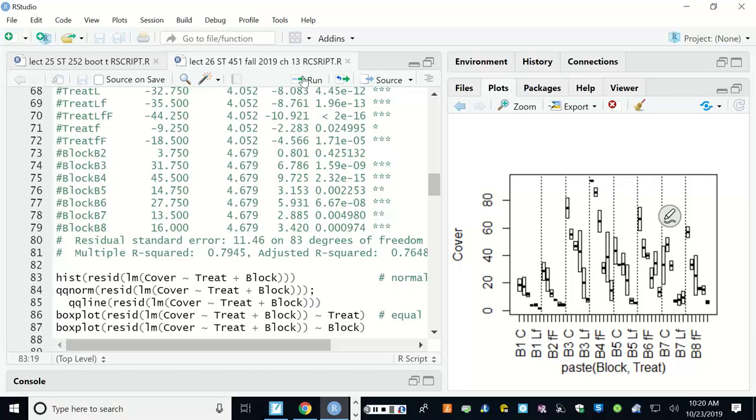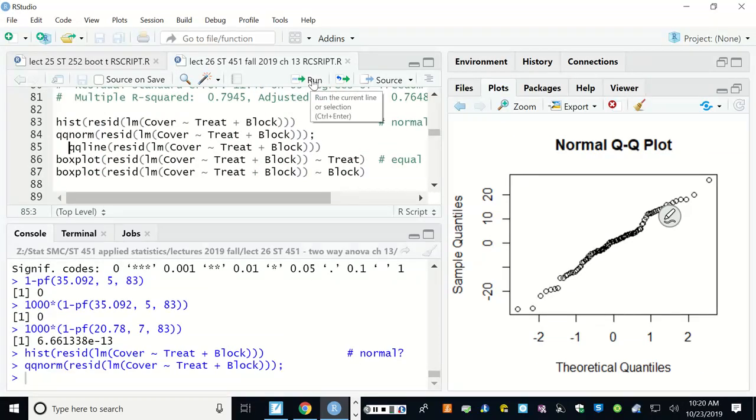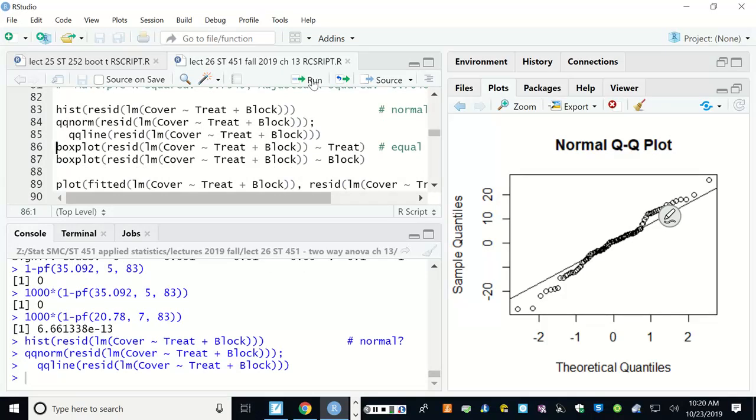But you could look at the histogram of residuals. Do those look kind of normal? Not too bad. Maybe a little more clustered in the middle, but that could be kind of an artifact of the spacing of these things. You could also do a QQ plot, and you can add the line to it. So it's a little bit tilted off of that.